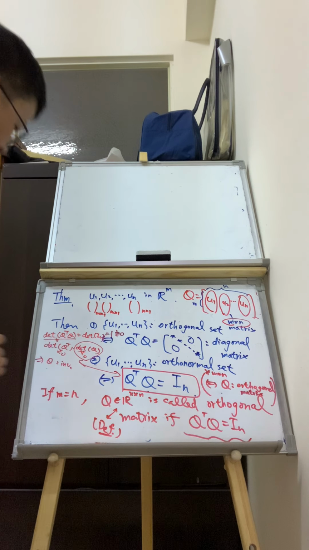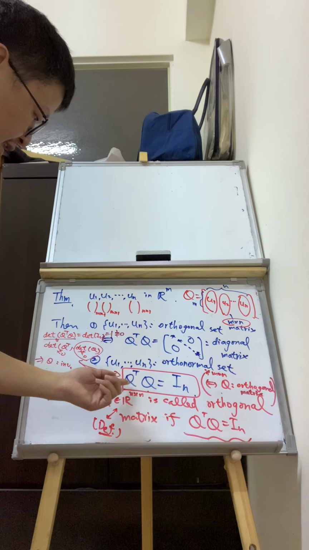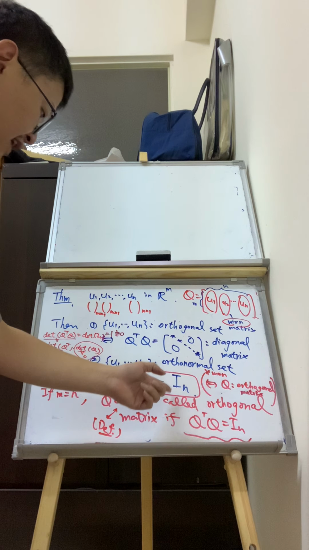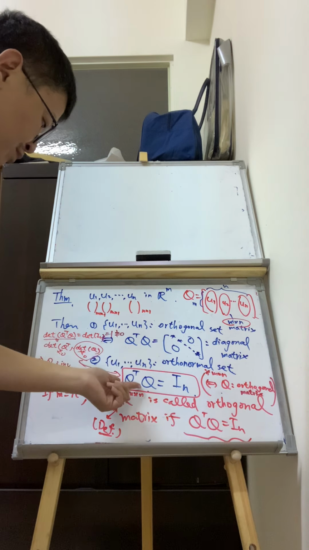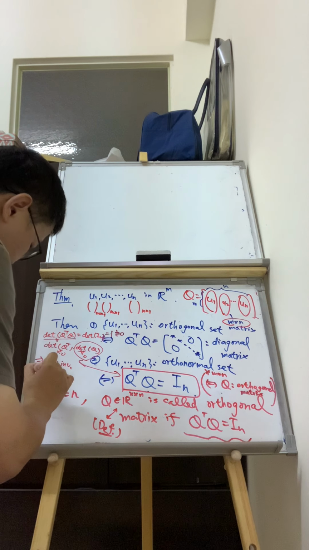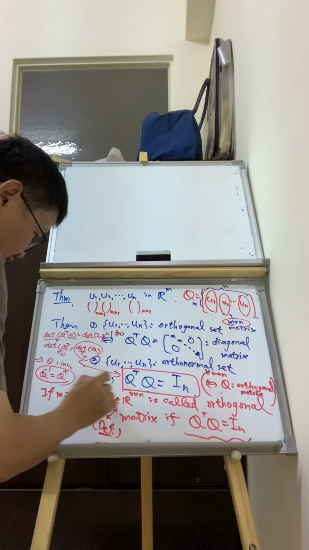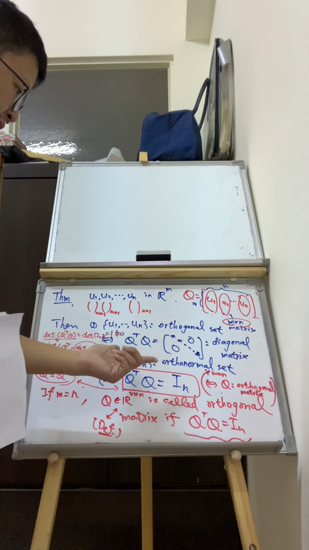Q is invertible. And actually, this matrix Q transpose times Q equals identity also means this matrix is invertible, and its inverse is exactly Q transpose.